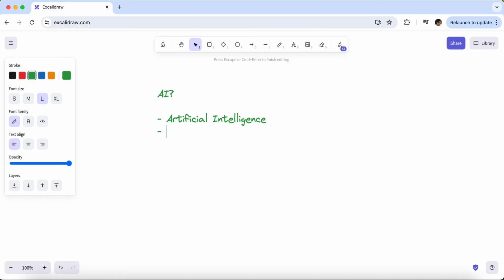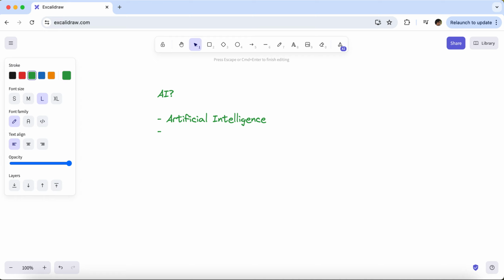Somebody has to create that, if you want to call it artificial. And then intelligence is obviously some kind of clever decision oriented systems, right? So the name itself is self describing.